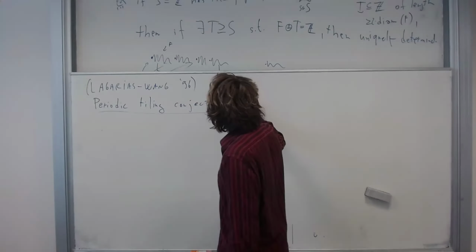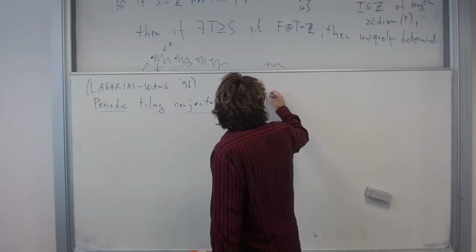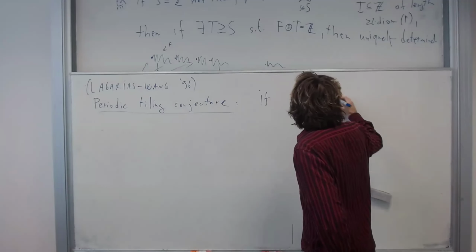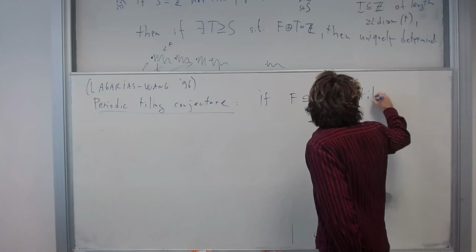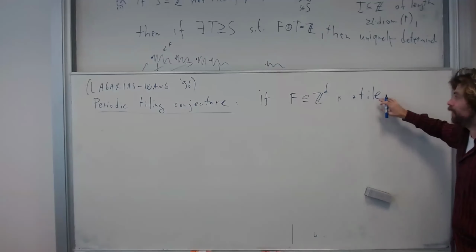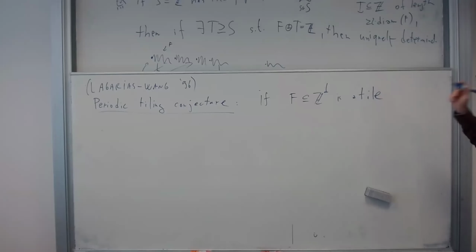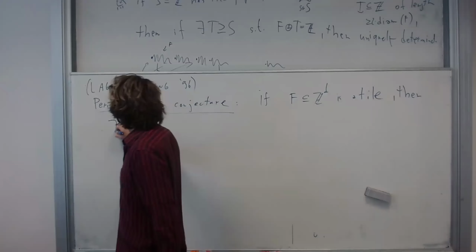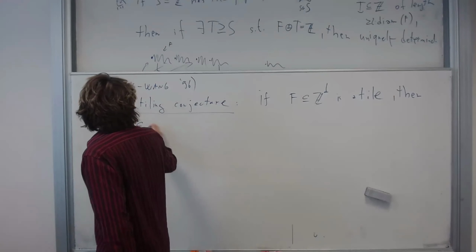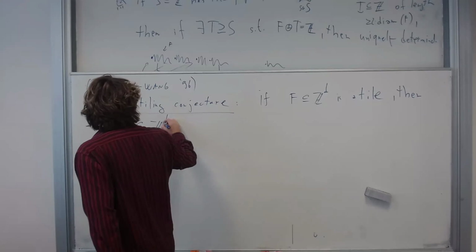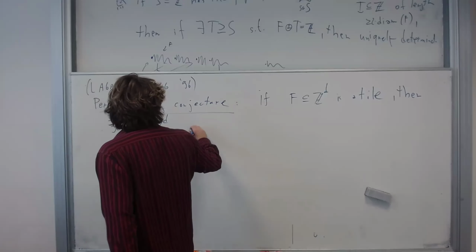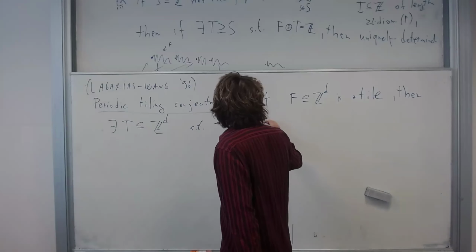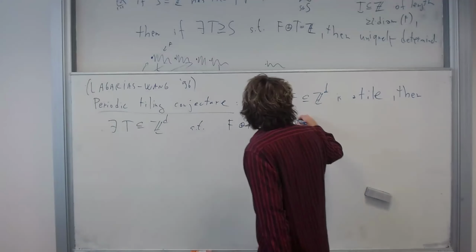So the conjecture states that if F is a tile, which implicitly means that there exists some tiling complement, then there exists a tiling, and T is periodic.